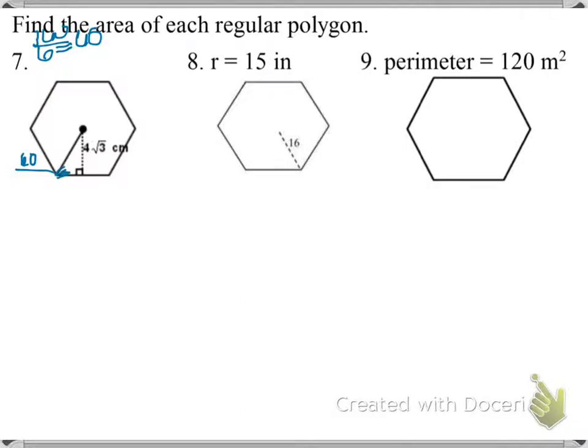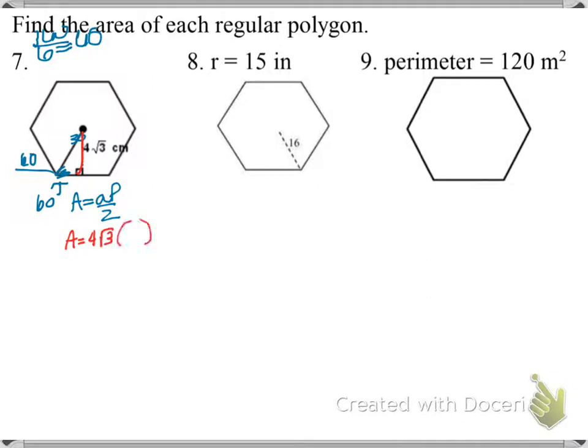When you divide that by 2, that angle would be 60. Blow this up a little bit more. So that would be 60, which means this angle is 30. When I want to start doing apothem times perimeter over 2, let's see what we have. We do have the apothem. That's 4 root 3.